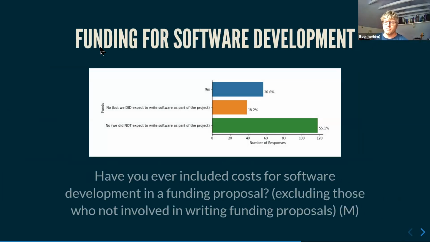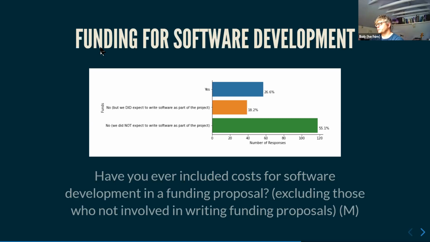Looking now at funding, I get a bit confused with these percentages, so I'll do my best to explain. We're motivated by the idea that if people are writing research software, then it should be funded. It shouldn't be unfunded work. So we asked whether people were applying for funding for research projects that involved writing software, and if they were, whether they were asking for money to do the software development.